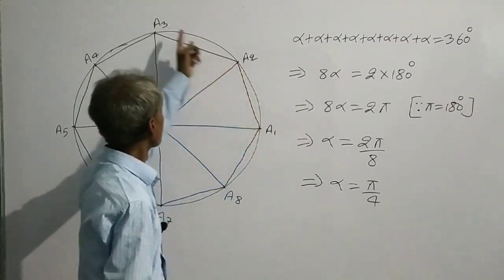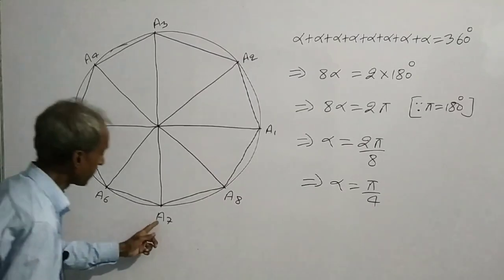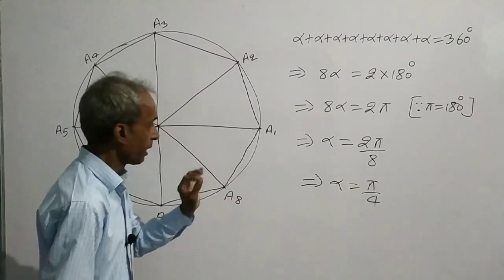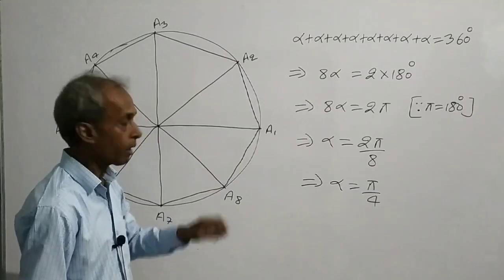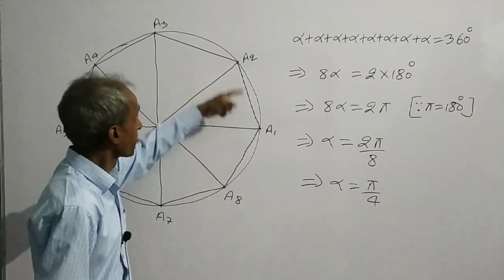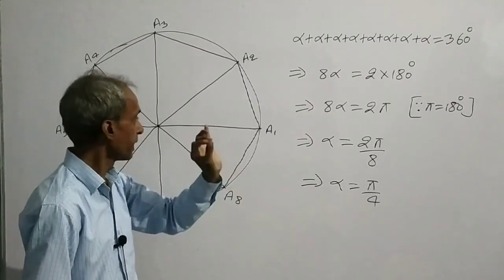A1, A2, A3, A4, A5, A6, A7, A8 are vertices of a regular octagon and they lie on the circumference of a circle.